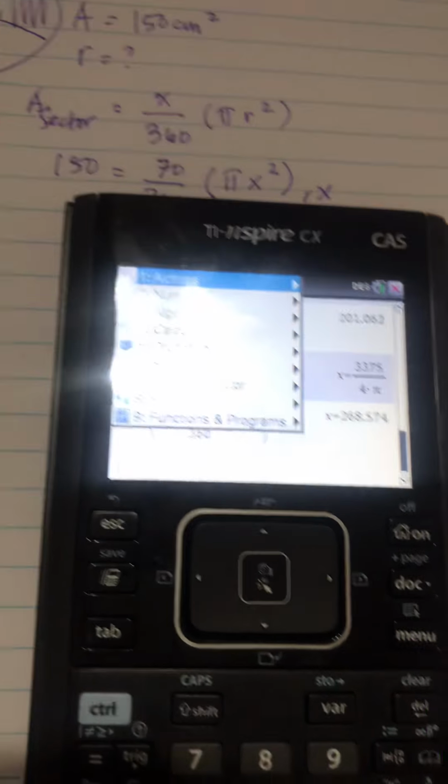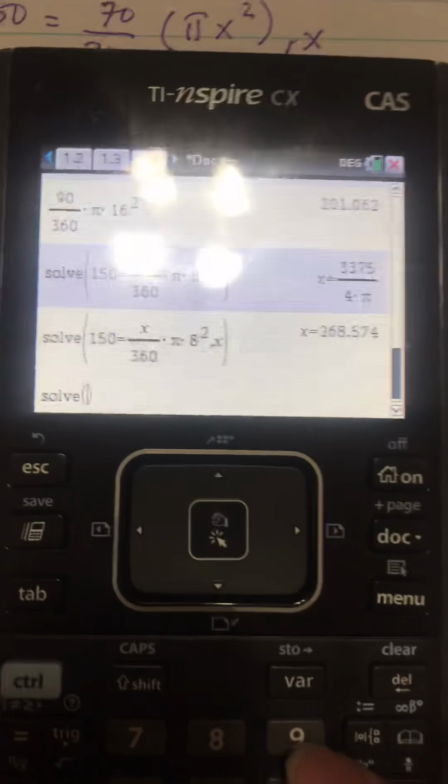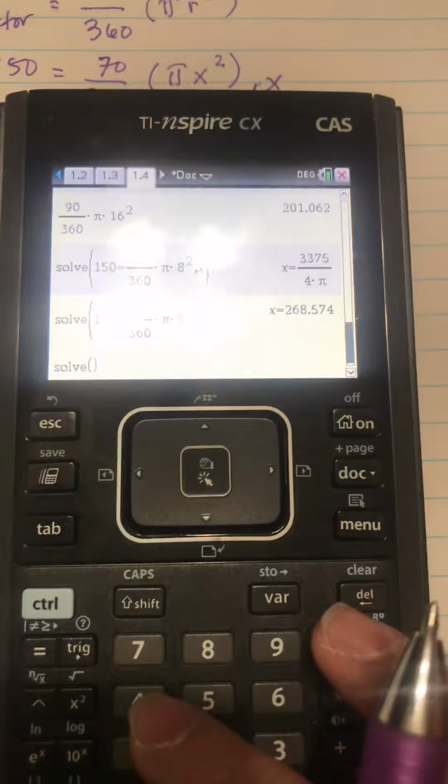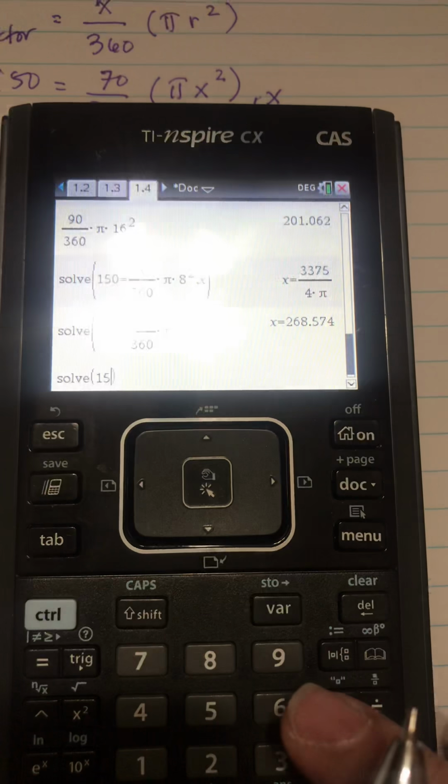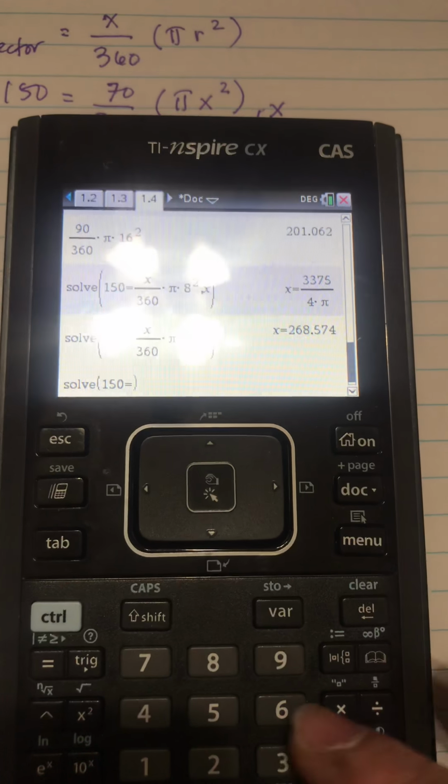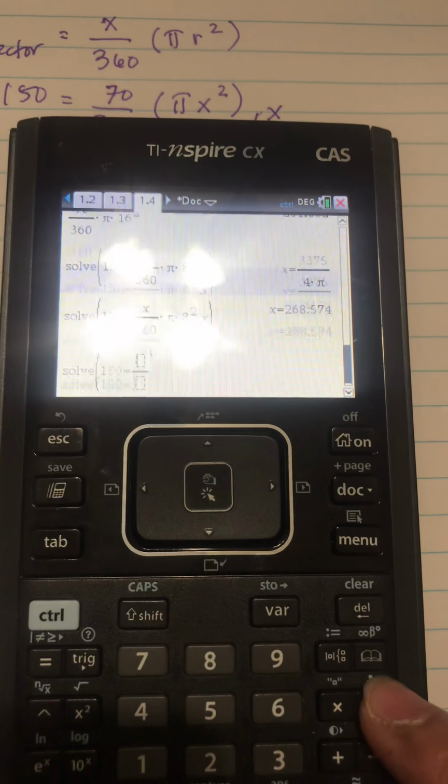So it's menu 31 and plug in 150 equals, this time we have control divide.